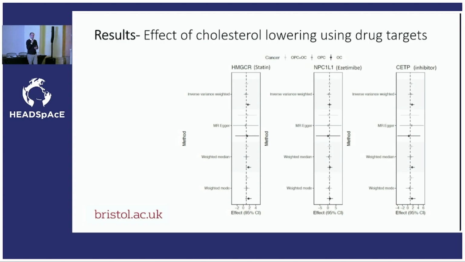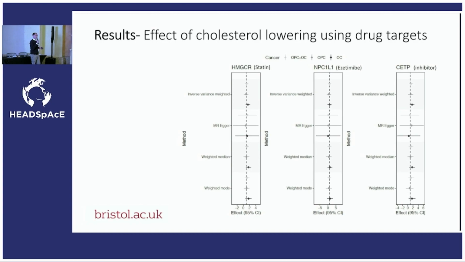And then finally, some of the work I was interested in was using genetic proxies for drug targets, and this has been quite well established in cardiovascular disease Mendelian randomization studies, whereby they've identified SNPs within genes such as HMG-CoA reductase to act as a statin instrument, and others within ezetimibe, CETP, and PCSK9 inhibitors.